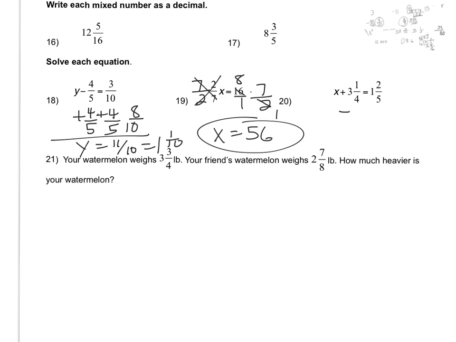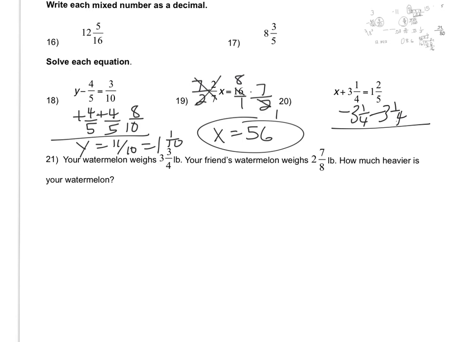You could simply minus 3 1/4 on both sides. Sorry, it's kind of sloppy there. Minus 3 1/4. And of course then we have the need for a common denominator.